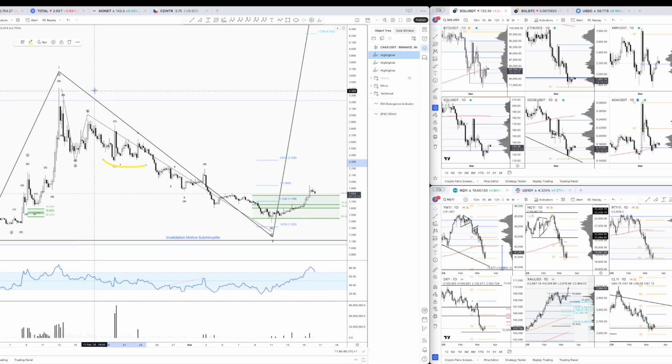And if you had back then drawn out a Fibonacci extension, taking the start of wave A of this correction and the top of wave B, you would correctly highlight the fact that there is a high probability that price would land in this area for the end of wave C of this ABC correction.